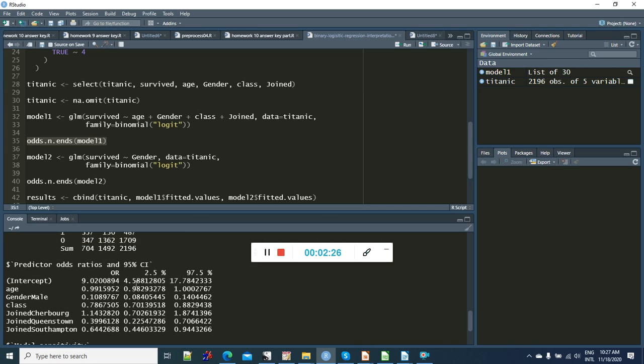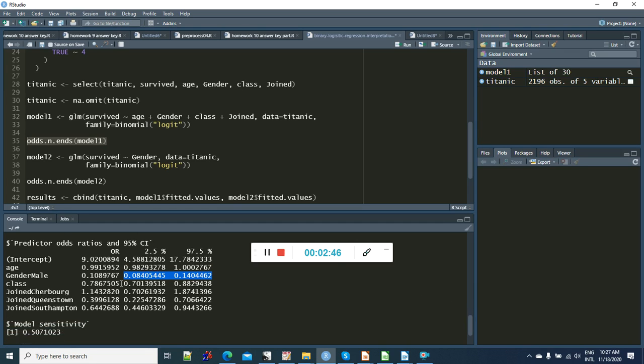again to review, that age is not significant in this model because the confidence intervals include 1, but gender was highly significant. The confidence intervals are centered around about 0.1, which means you were about 10 times as likely to die if you were a man versus a woman.